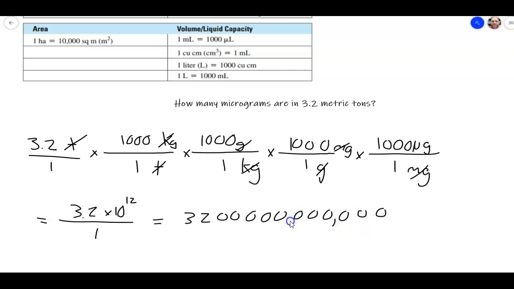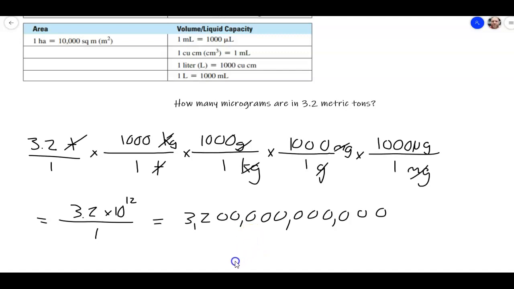So comma there, comma there, comma there, comma there. So this is millions here. This is billions. So this is trillions. So there are 3.2 trillion micrograms in 3.2 metric tons. That is a lot.